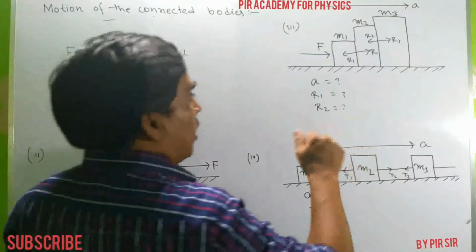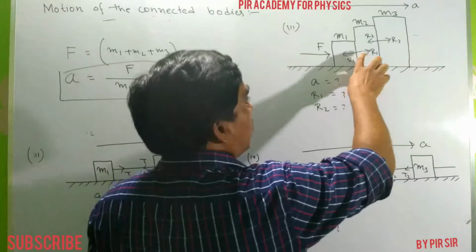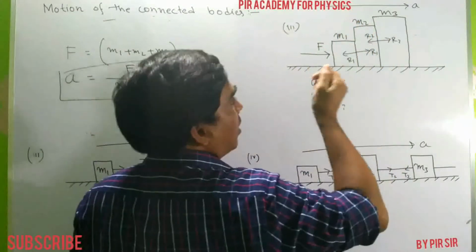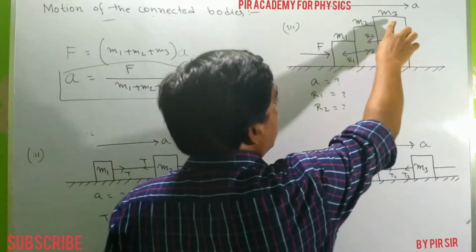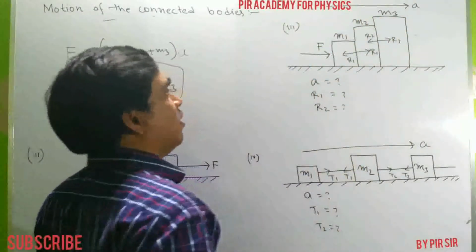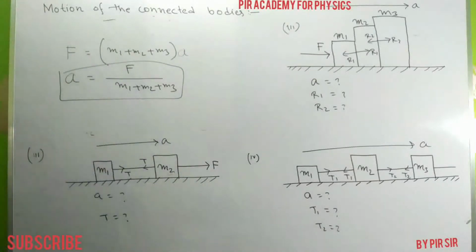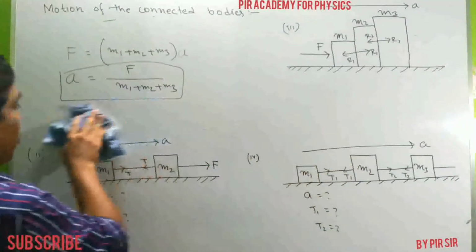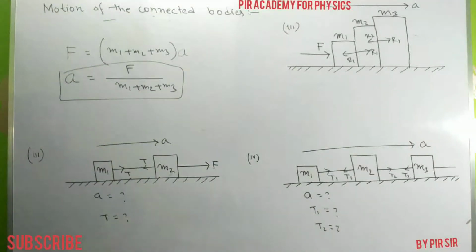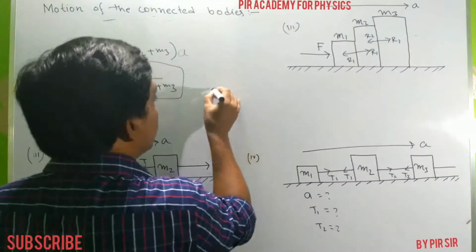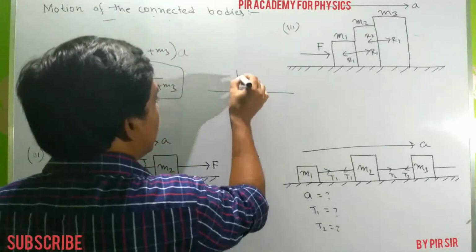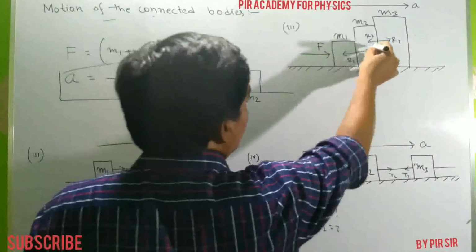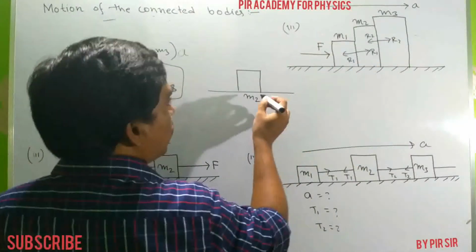And here you have to calculate what is R1. R1 means force exerted by M2 on M1, and R2 means force exerted by M3 on mass M2. You have to draw the free body diagram of M1, M2 and M3. Here mass M2, two forces act.